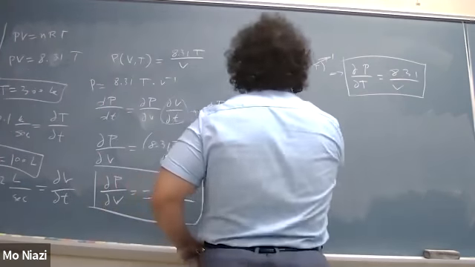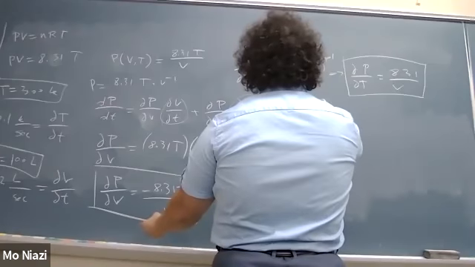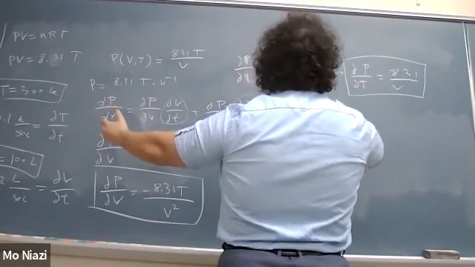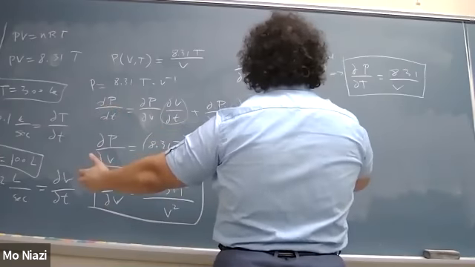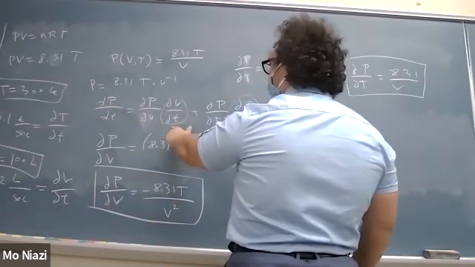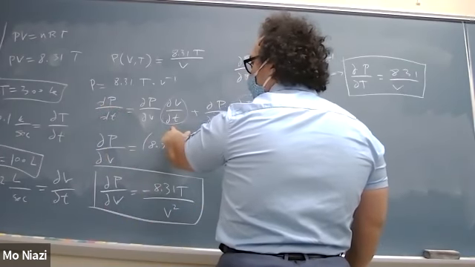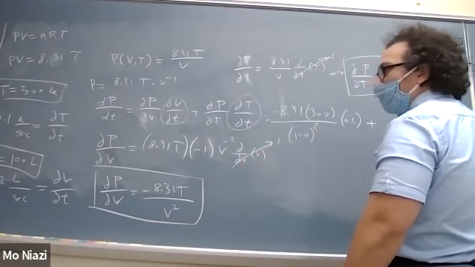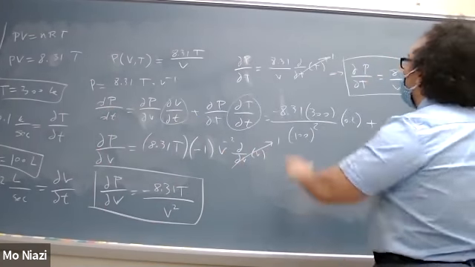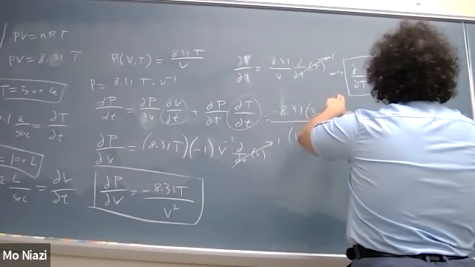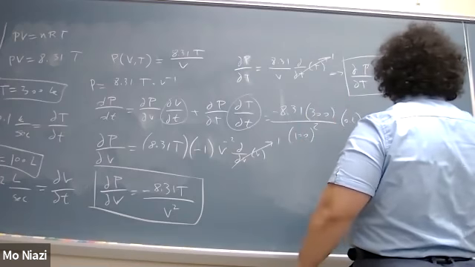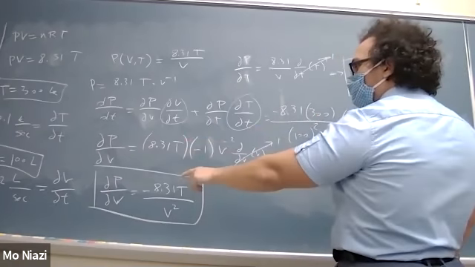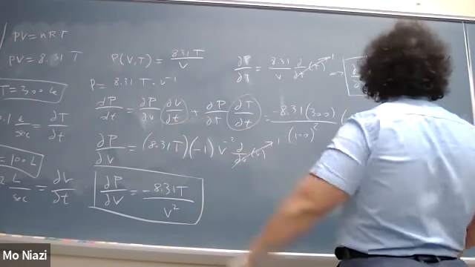So when I rewrite this, partial P, partial V is negative 8.31, and why don't we just plug 300 Kelvin in there, divided by V squared, where we plug in 100 liters, times this partial V, partial t, which we have given, is 0.2, plus partial P, partial T, which is over here, 8.31 divided by our V, which is 100 liters, times our partial capital T, partial little t, which ends up becoming our 0.1.